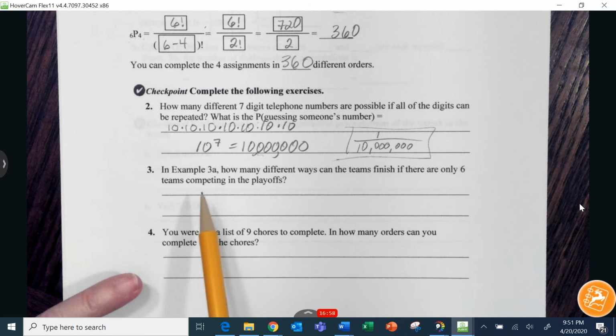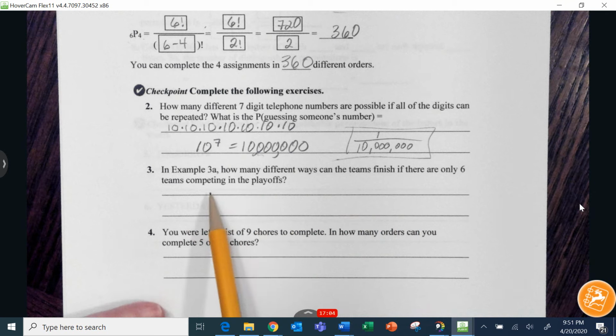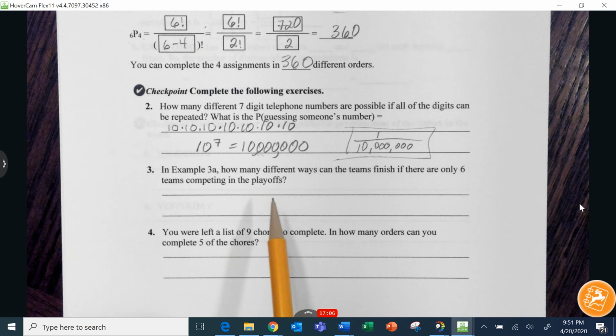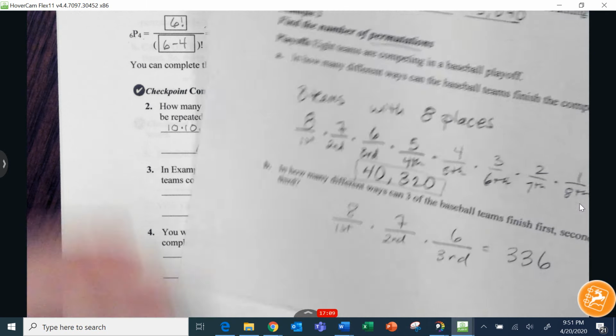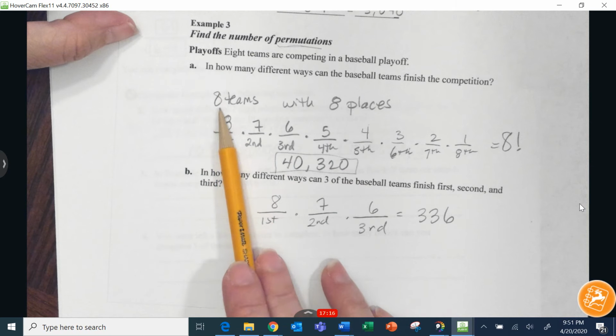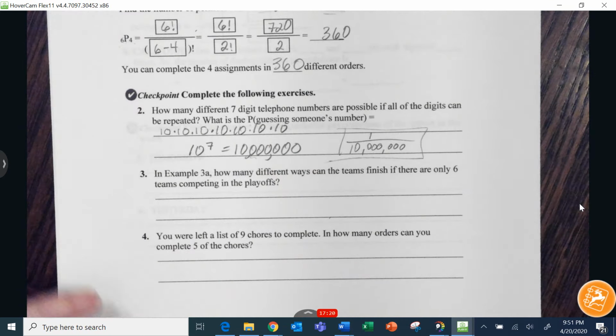In example 3A, how many different ways can the teams finish if there are only 6 teams competing in the playoffs? That's going back to our baseball question. Our baseball question for 3A was 8 teams with 8 places. So we're just going to take this exact same question and make it 6 teams with 6 places.